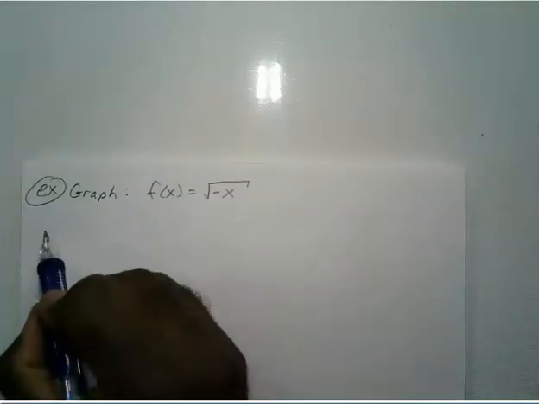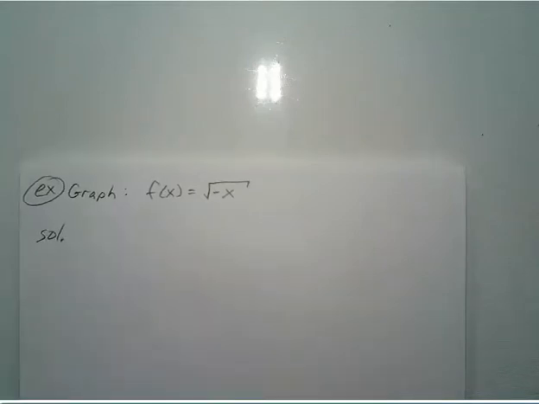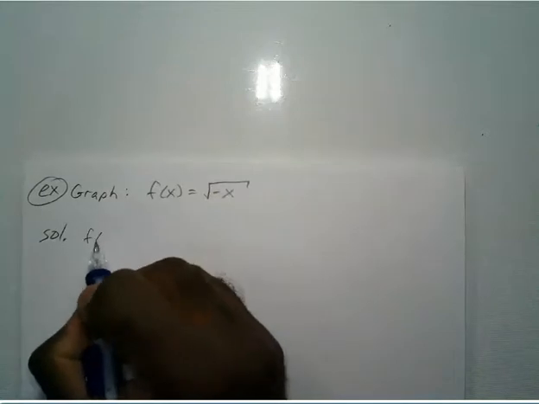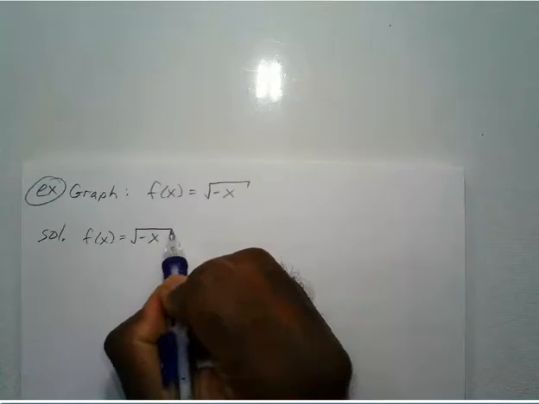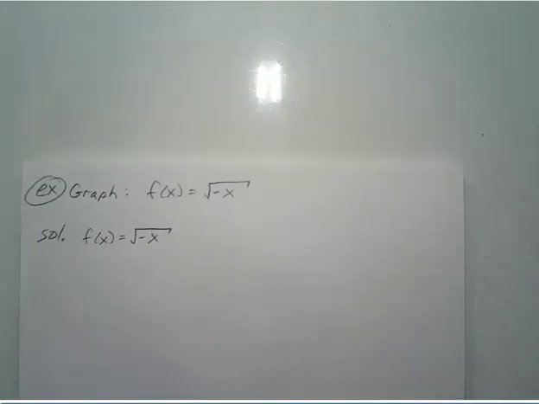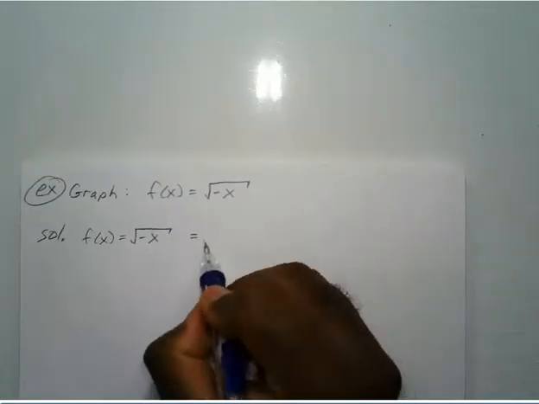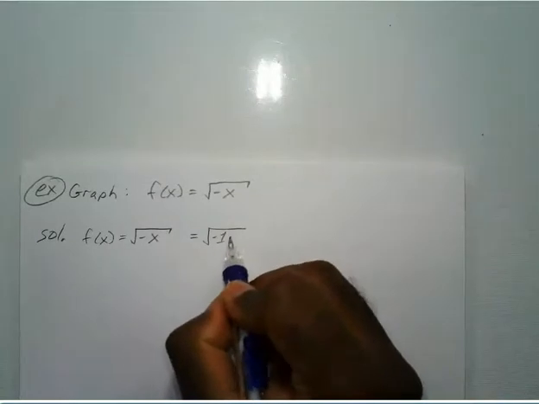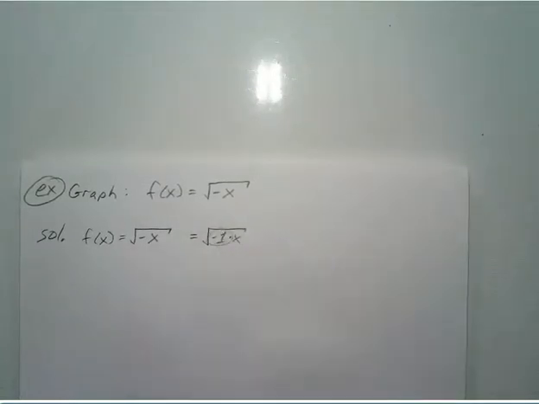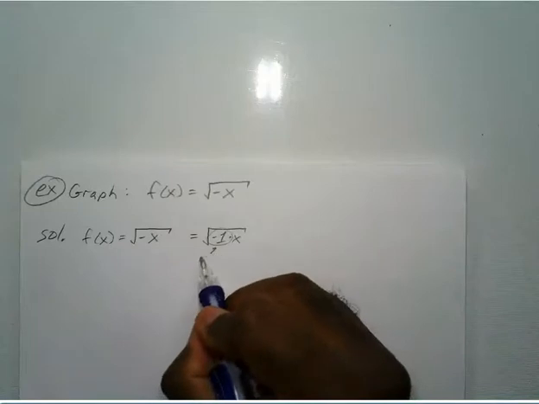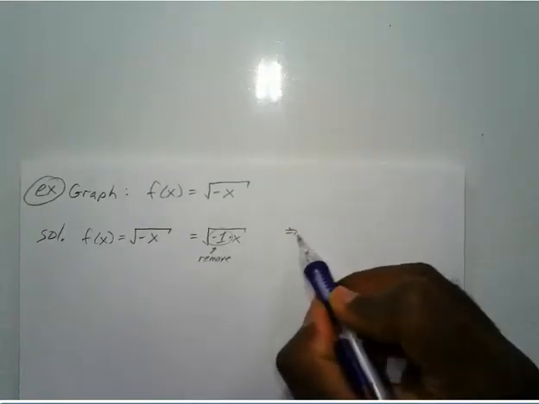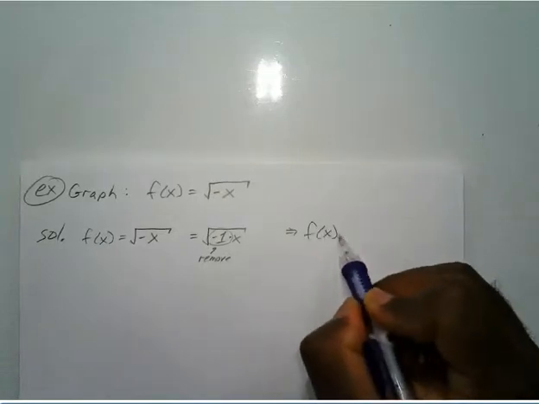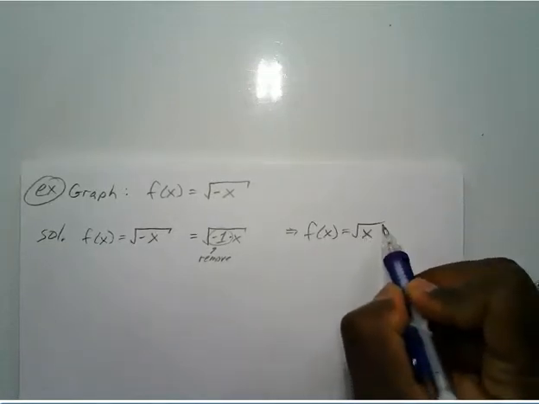With this one, it's a little bit different than the example we did before. So we start off with f of x equals square root of negative x, which we know can be the square root of negative 1 times x. So we're going to remove that negative 1 here, which gives us f of x equals square root of x as our parent function.